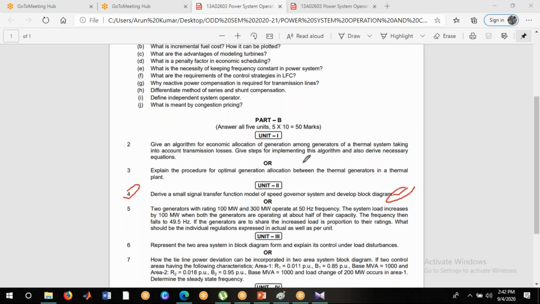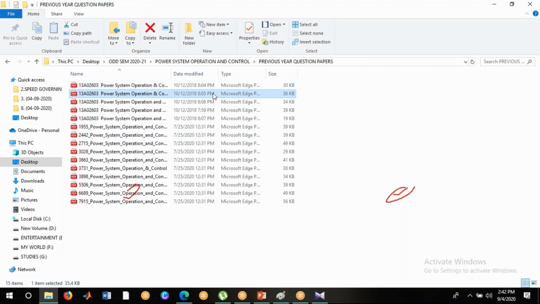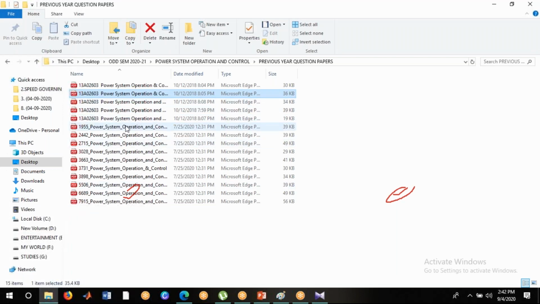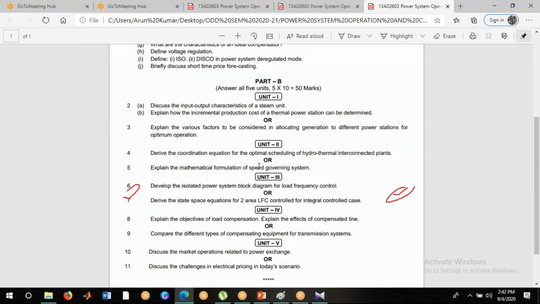Next, I will show you one more question paper. Right, see here, this is another paper: explain the mathematical formulation of speed governing system.